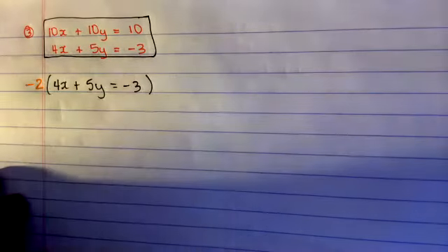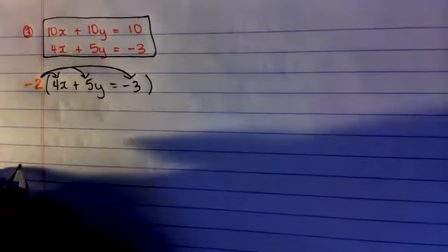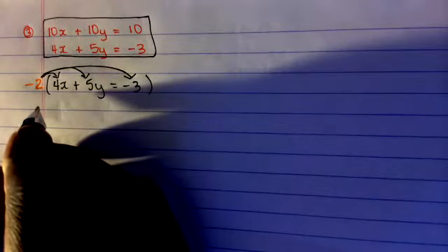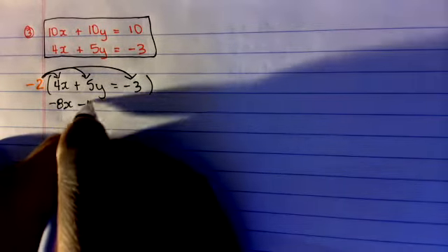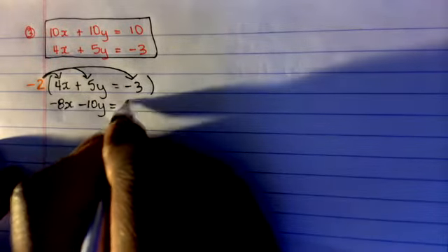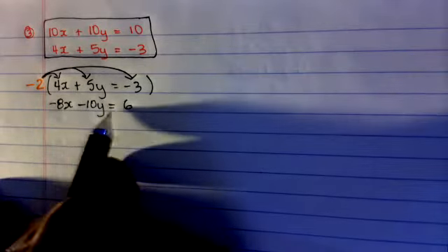I'm going to distribute my negative to each of these terms, to all three. When I do that, it gives me -8x minus 10y equals +6. So this now becomes my new second equation.